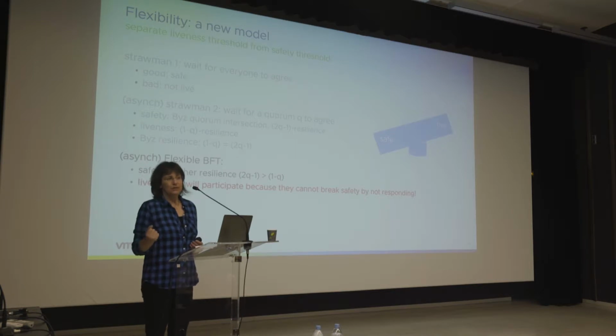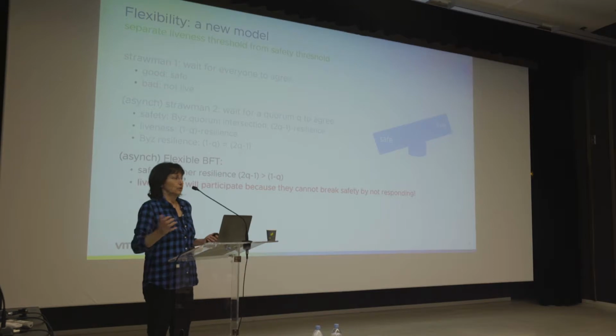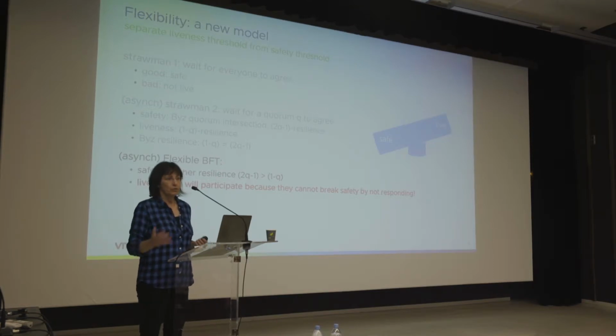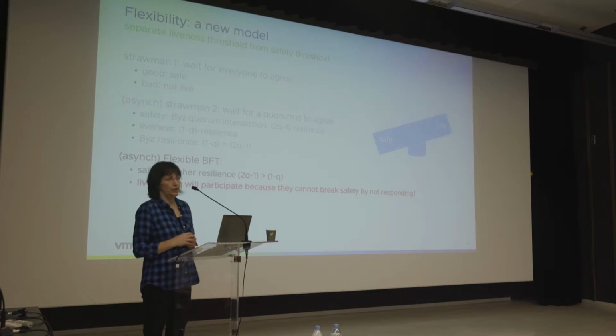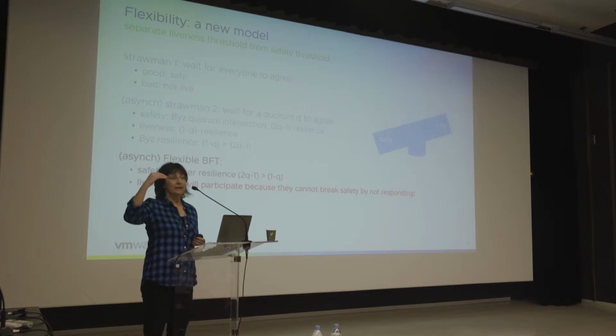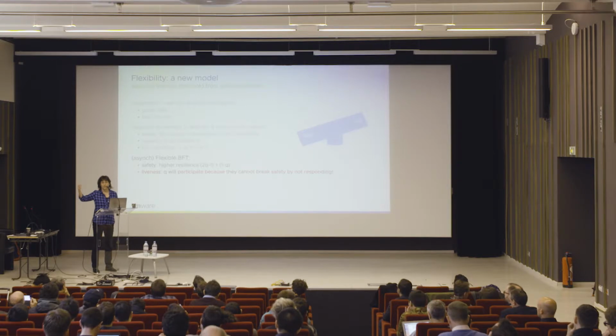But if we get responses from some of the participants, but they may be bad responses, or we don't know if they're bad or not, but we get enough responses, we can actually get a higher safety threshold. So we can expect a higher Q, not compromise liveness, and definitely get safety.